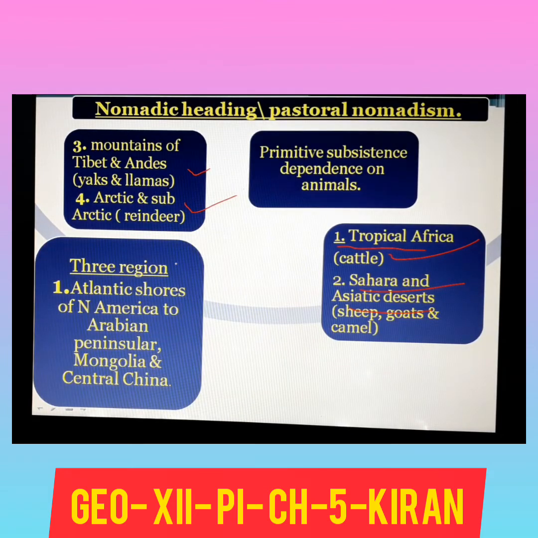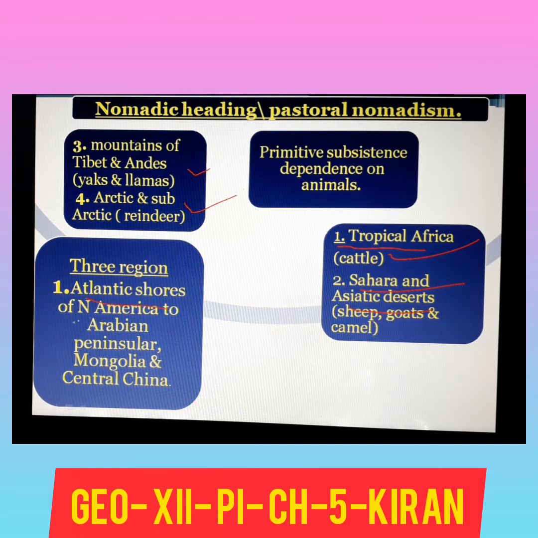In the world today, three important regions are known for nomadic herding. These are the groups of people who are moving with the animals and they take care of animals for their survival and livelihood. Which are the three regions?